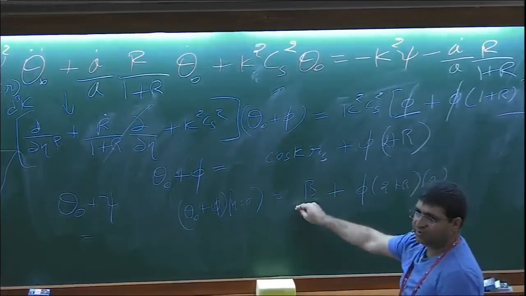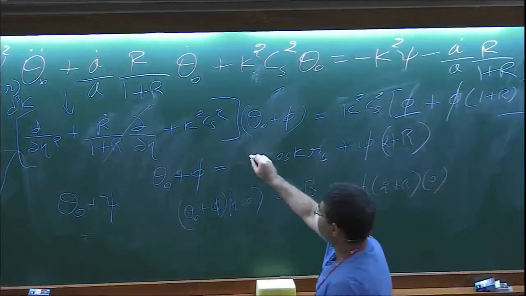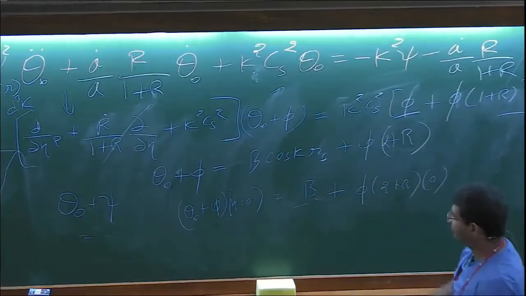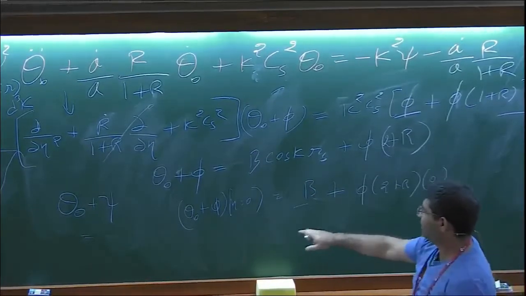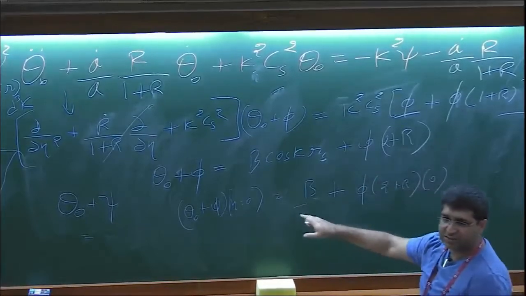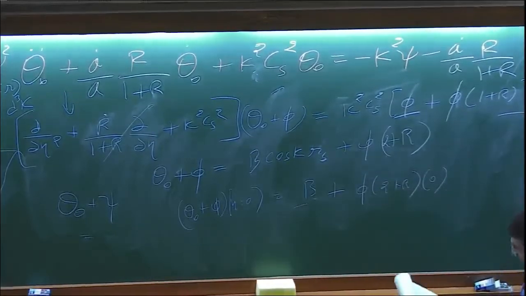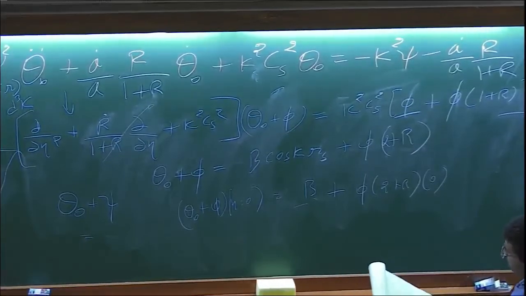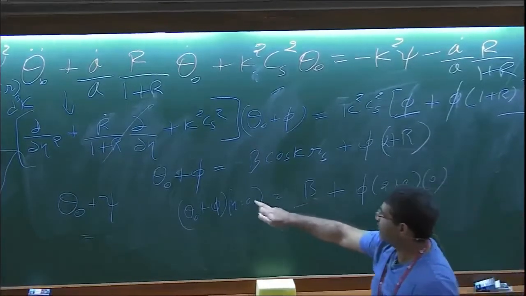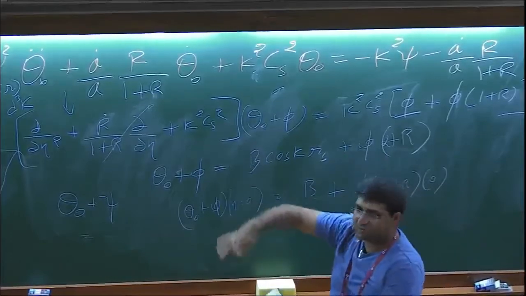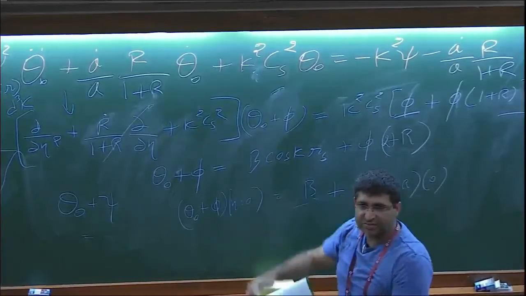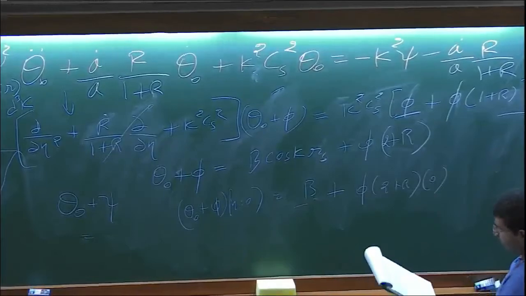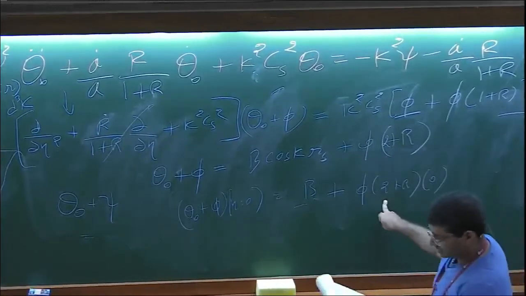You solve this for b, and you get some amplitude b, which is just a function of theta 0 plus phi at time 0. So the amplitude is different, which means the amplitude of oscillations has changed because of the presence of baryons. But more importantly, the offset has changed.